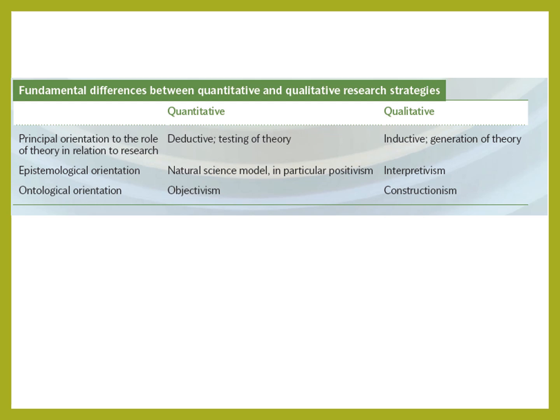Now, while it is useful to contrast these two research strategies, the distinctions are not a hard one. Studies that have the broad characteristics of one research strategy may have a characteristic of the other. This means that the two can be combined within an overall research project that we generally call adopting a mixed method research strategy.